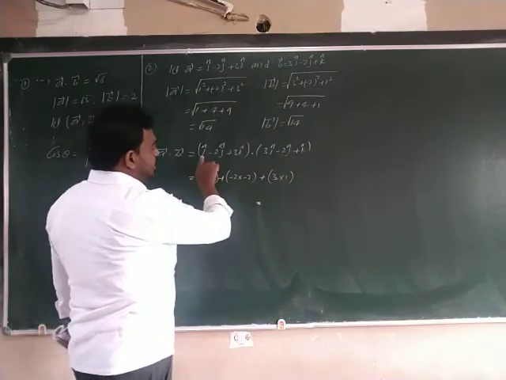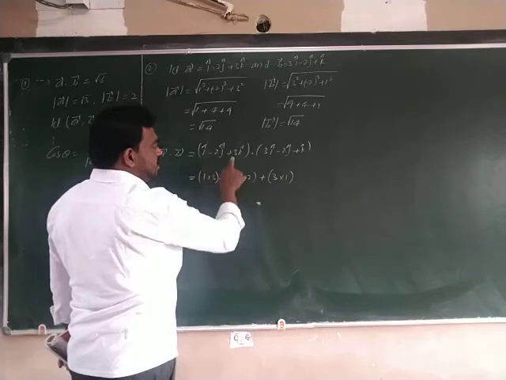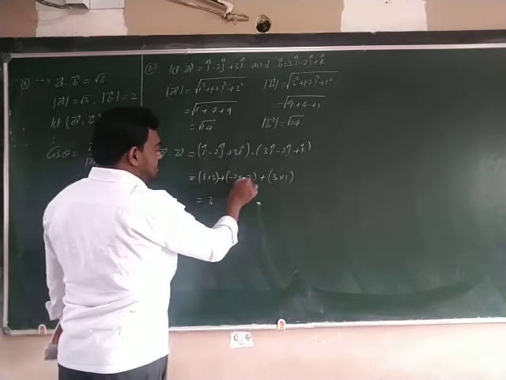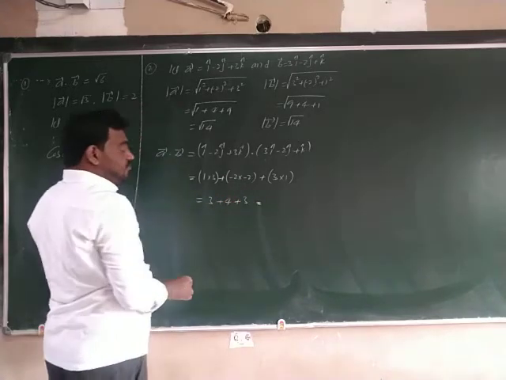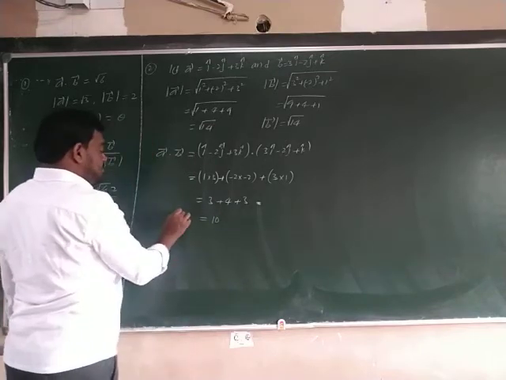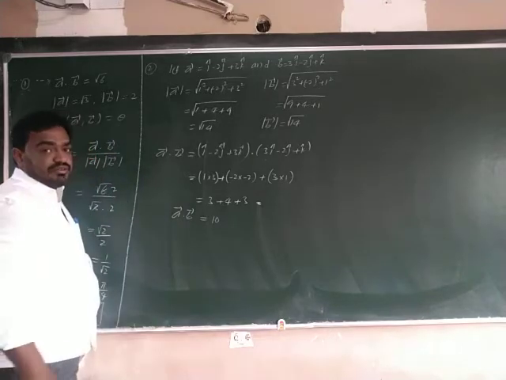So 1 into 3 plus minus 2 into minus 2 plus 3 into 1. 1 into 3 is 3, minus 2 into minus 2 is plus 4, 3 into 1 is 3. The total is 10, so vector A dot vector B is equal to 10.